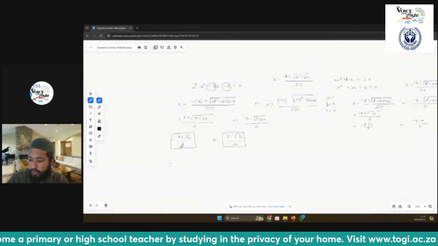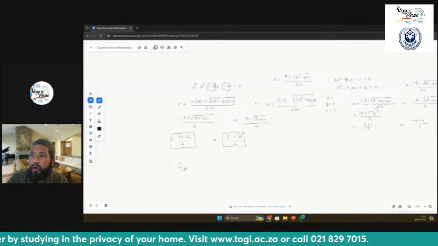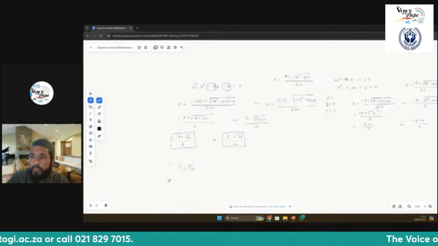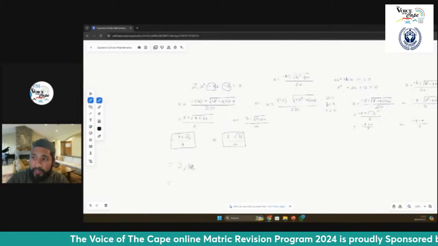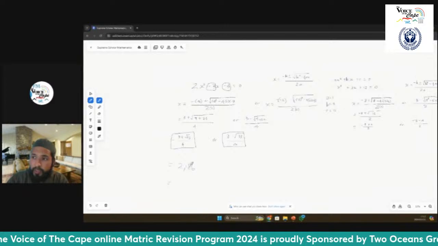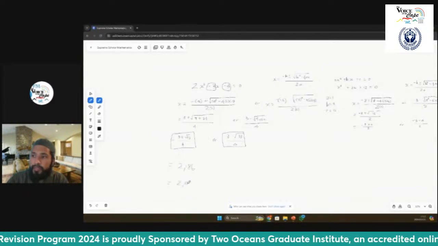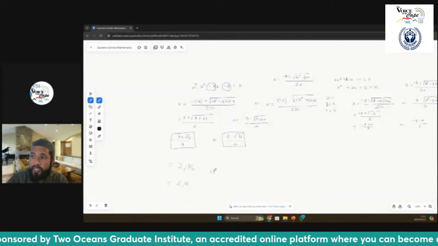Make sure that you put it in properly, and if you do that, you would get an answer of something like 2,186, right? And if you round that off to 2 decimal places, I'm not going to go into this right now, but 2 decimal places would be 2 numbers after the decimal point. You look at the third number, it is greater than 5, therefore the second number goes up, and so it will be 2,19, right? So that would be the final answer, and you would actually get a mark for writing it in that form.